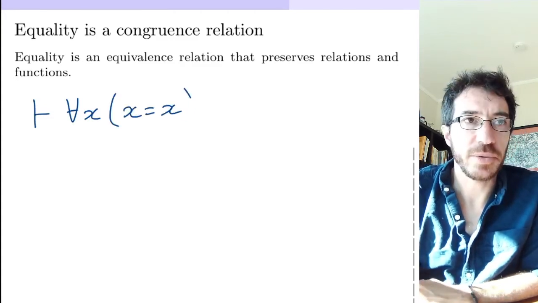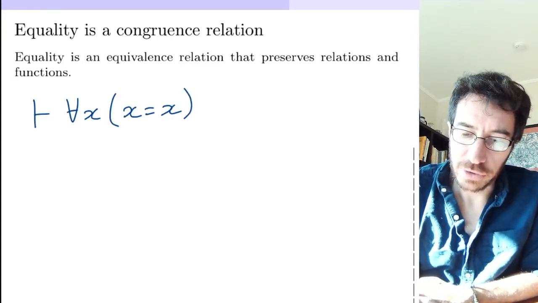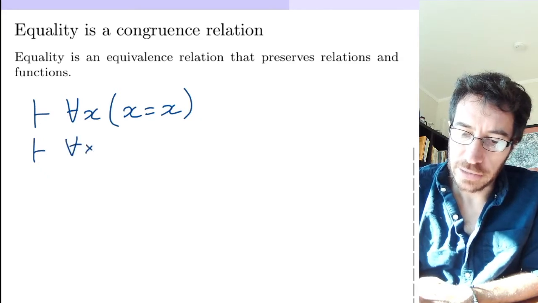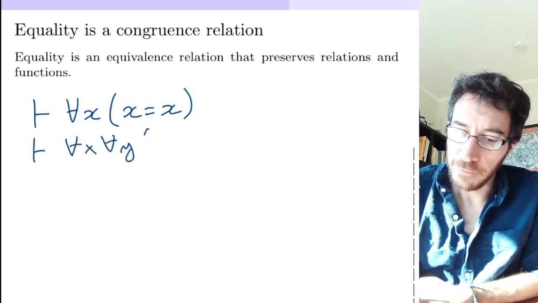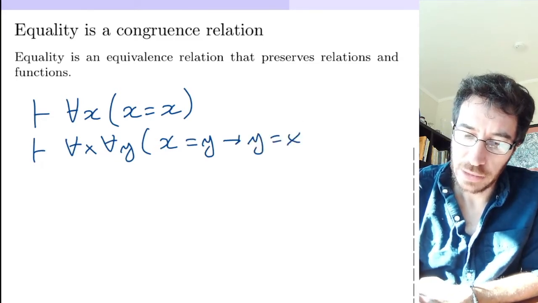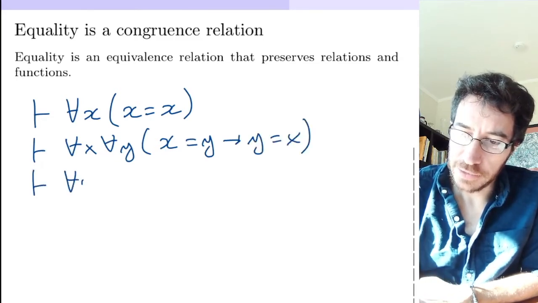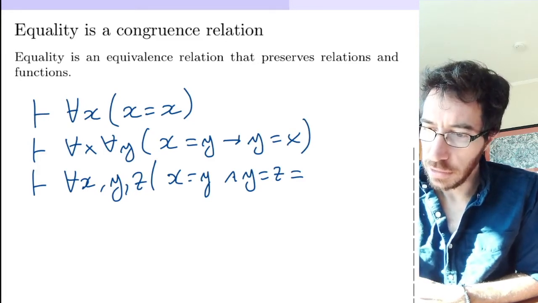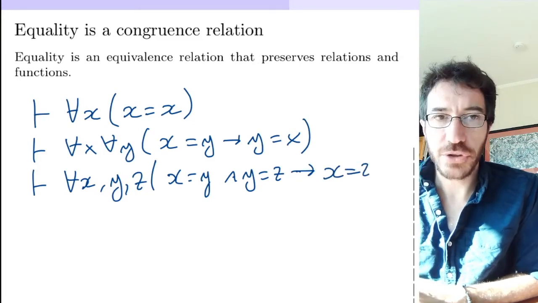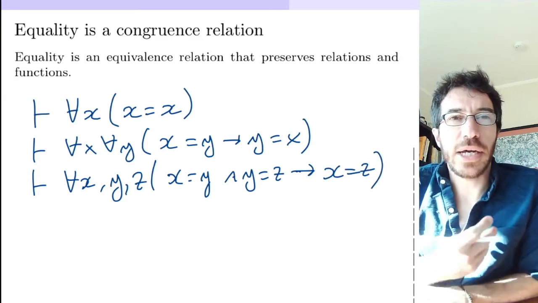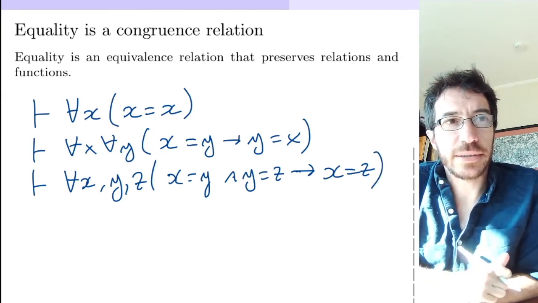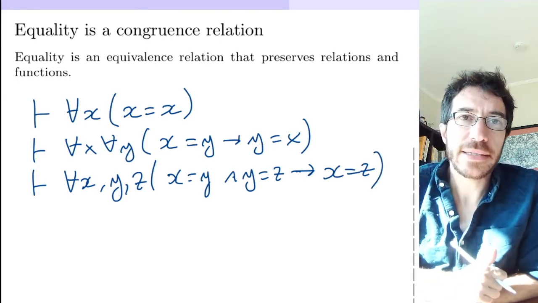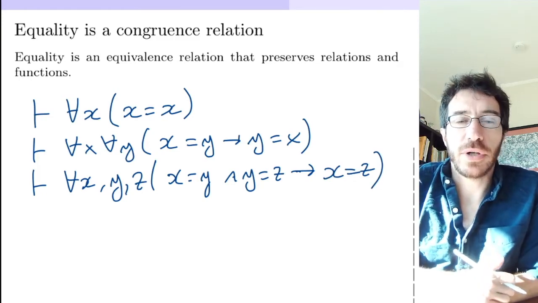So the three axioms that define an equivalence relation: for every x and for every y, x equals y implies y equals x. And you can prove that for every x, y, and z, if x equals y and y equals z, then x equals z. So proving these three says that equality is an equivalence relation.